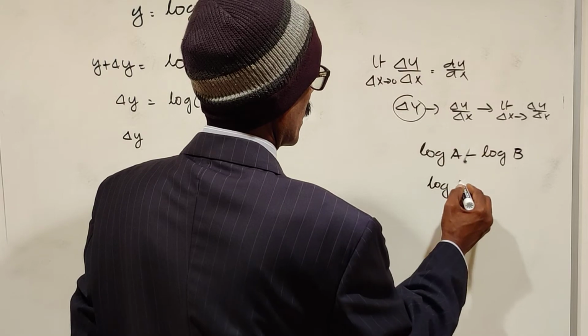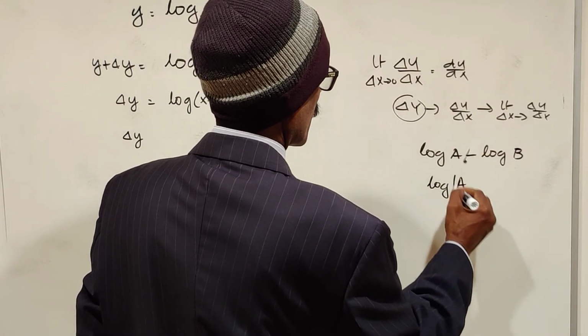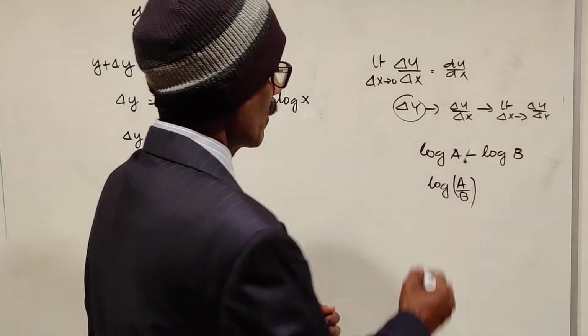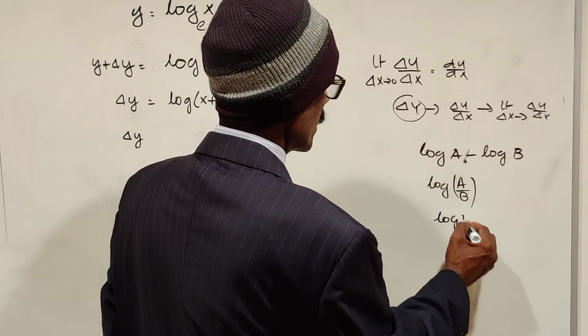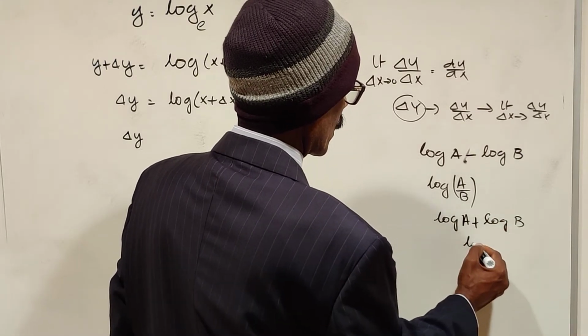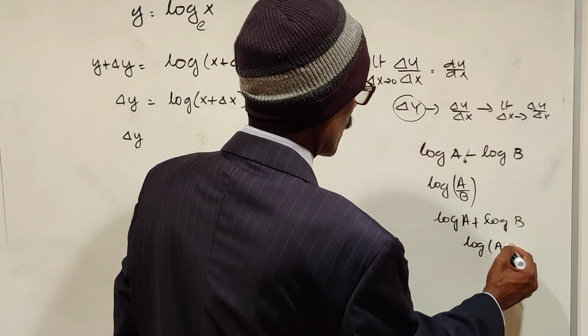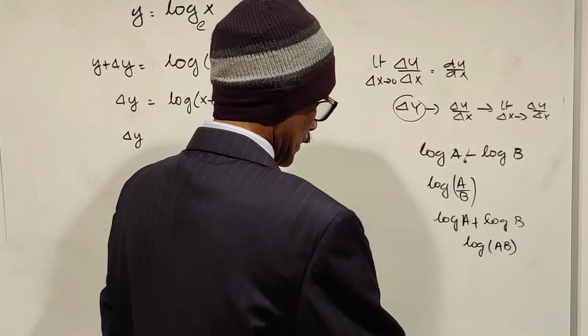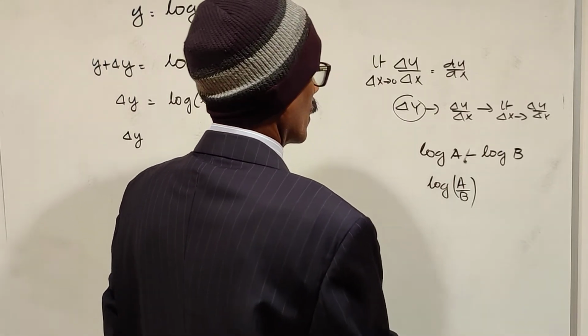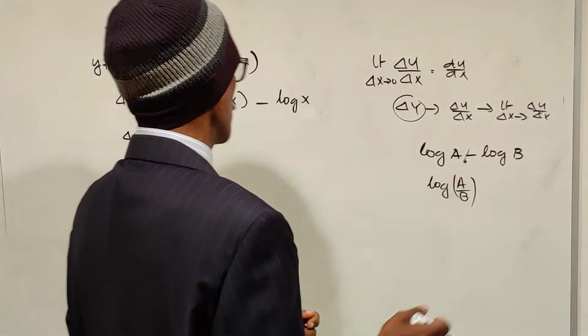Log a by b. Log a minus log b is log a by b. What is log a plus log b? Log ab. This one you don't need right now. Only log a minus log b is log a by b.